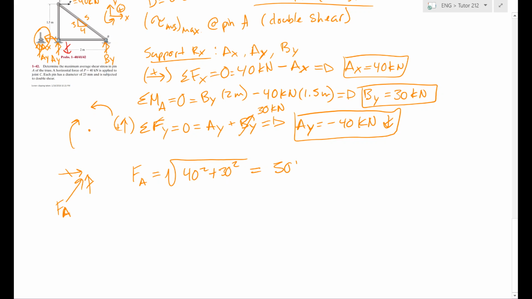We get that it's equal to 50 kilonewtons. So that's the total force, because those are just the x and y components of the force of that support, and we like to break them up into those components because it's the only way really to do analysis, or the only way I know how.